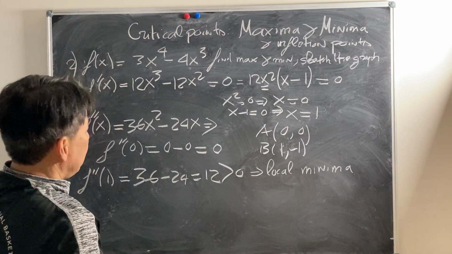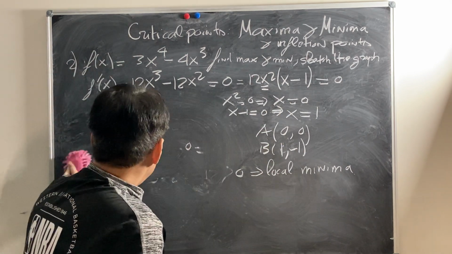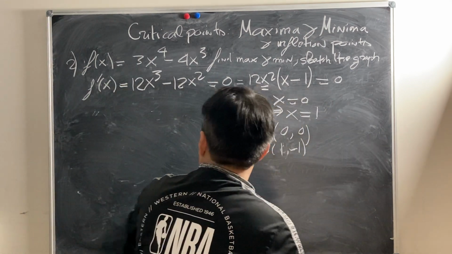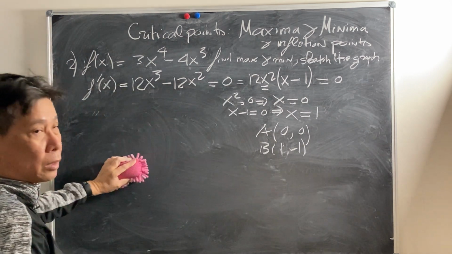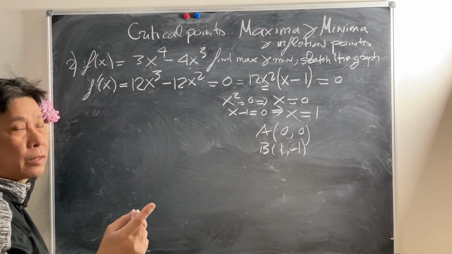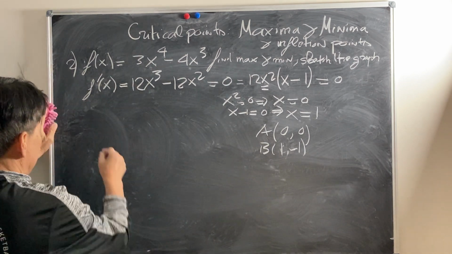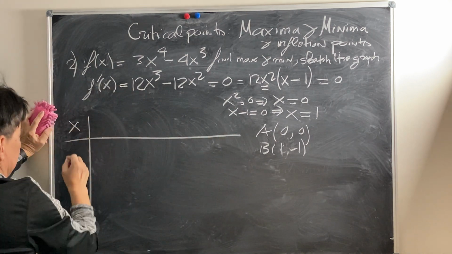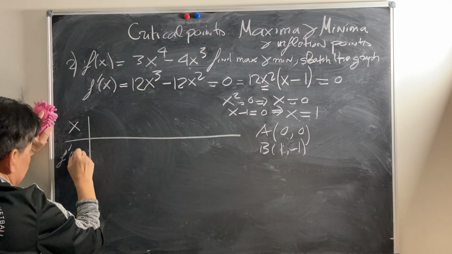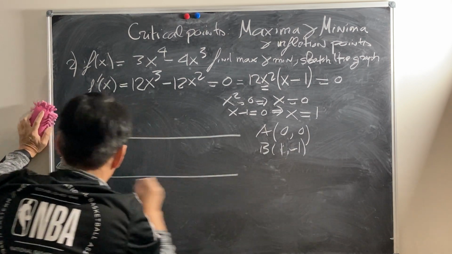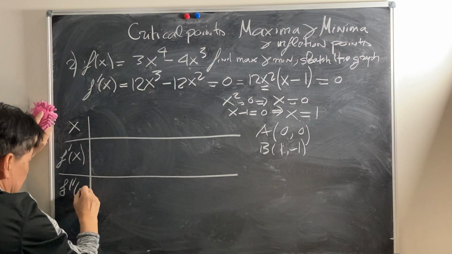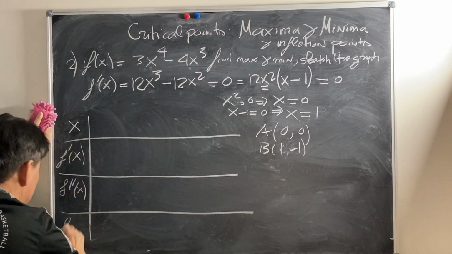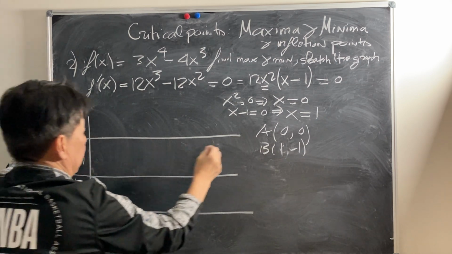Okay, to sketch the graph, we need to draw a table. This is it. Drawing the table to sketch the graph is probably, to me, the easiest way. Okay, first you go x values, and then f prime of x, and then the f second derivative of x, and then finally f of x.